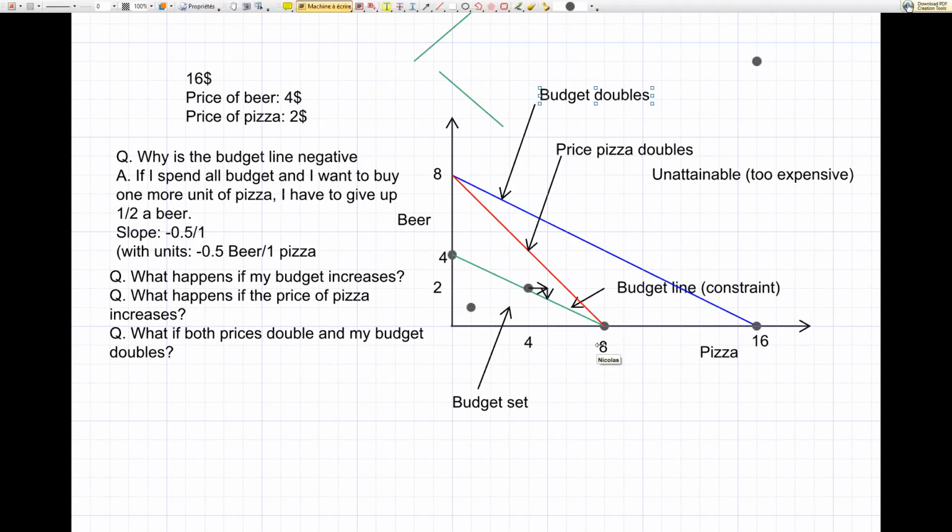So how could that have happened? If I could buy a lot of something and then all of a sudden I can buy just a few of that same thing, it's because the price of pizza has increased. Exactly. And the price of the beer stays the same. Yeah, exactly. And just to be clear, that's the budget doubling.